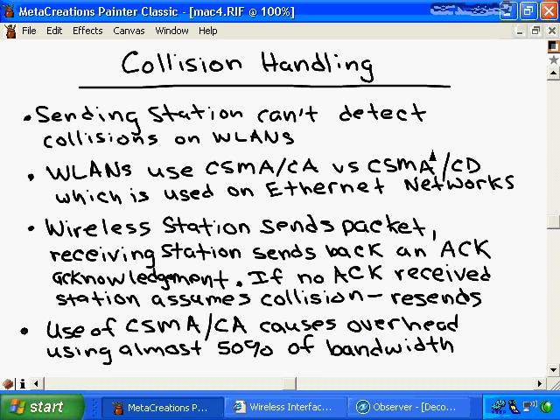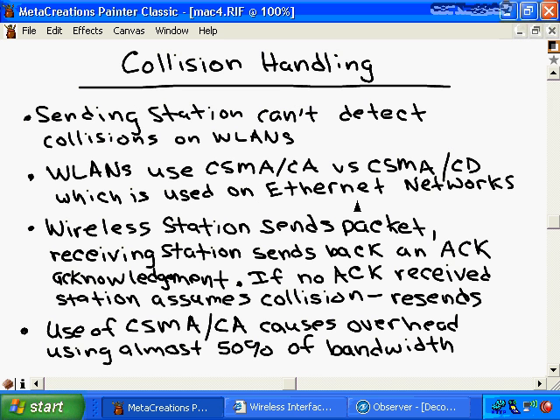However, on a wireless LAN, it is impossible to detect if a collision has actually occurred. So as a result, a wireless LAN uses collision avoidance versus collision detection. On a wireless LAN using collision avoidance, first the wireless station sends a packet, and then the receiving station, if it received the packet, will send an acknowledgement back in the form of an ACK frame, or ACK, which stands for acknowledgement.